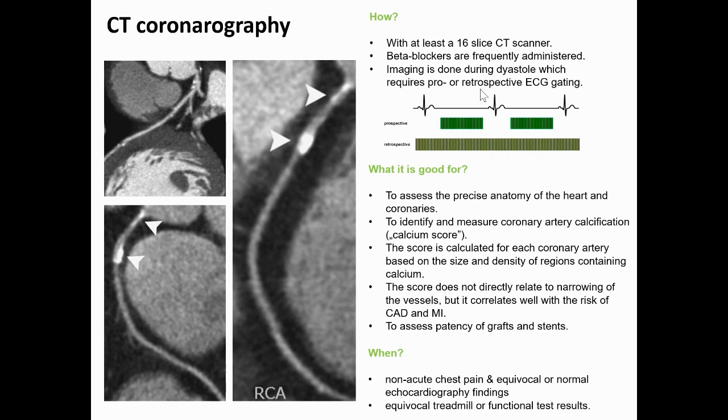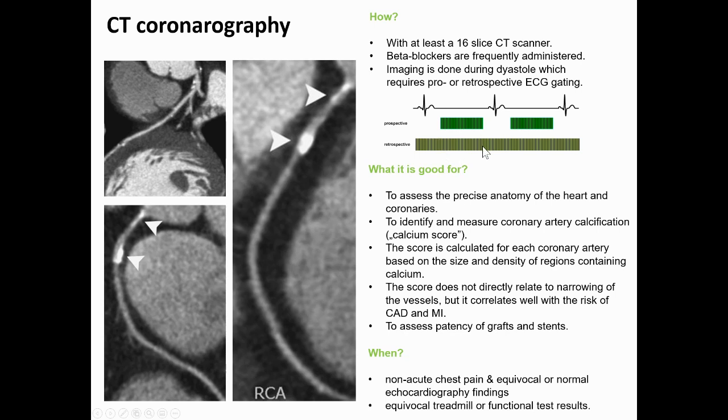When you're doing retrospective CT imaging, then the CT X-ray source and the detector are continuously on. They are collecting data, and then the machine goes back and only uses the information that was done during diastole.